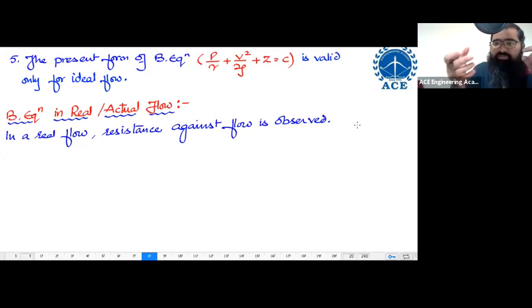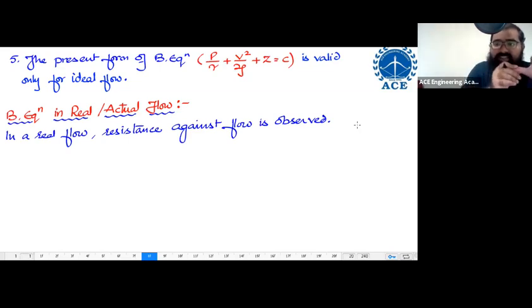Let us say the policeman catches you. That is a kind of resistance against your motion. So you have to give away some amount and move forward. I'm not talking about a bribe over here, just some challan, something like that. That's why I said, take it casually. What you are giving away over here is not desirable to you, but still you are giving it. That is why it is called loss. Same thing over here also. Whenever a real flow takes place, you will have some type of resistance.